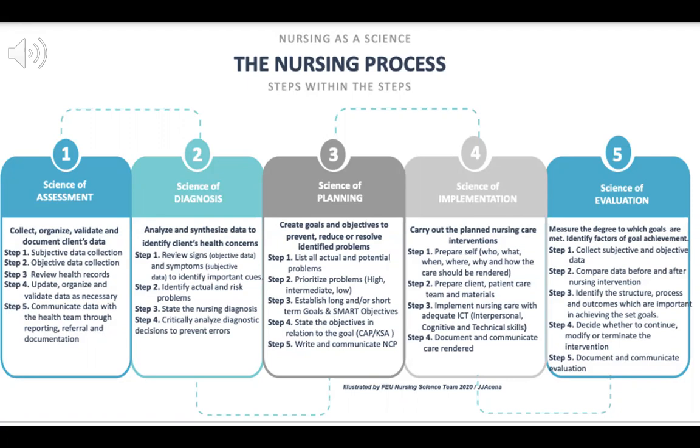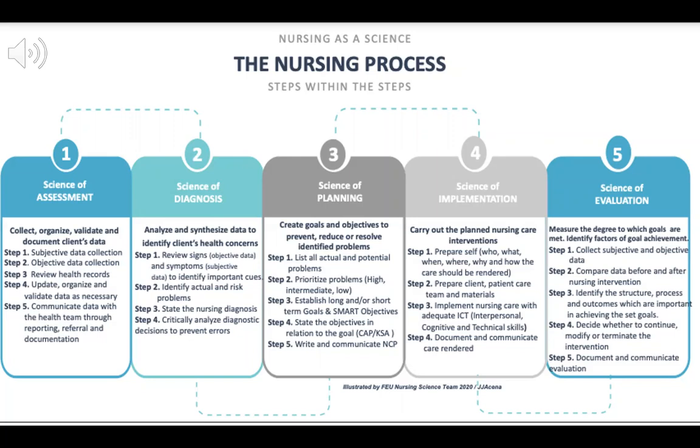Also, if you can remember from your previous discussion, the nursing process is a sequential process, meaning we have to finish step 1 first before we move to step 2. Otherwise, the process will not be completed and will render the nursing care erroneous.